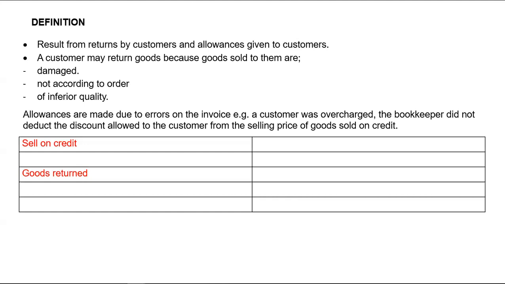The bookkeeper did not deduct the discount allowed to the customer from the selling price of goods sold on credit. What do you do when you come across an allowance, especially when goods are sold on credit? It will reduce what the debtors owe us, in essence, all right?